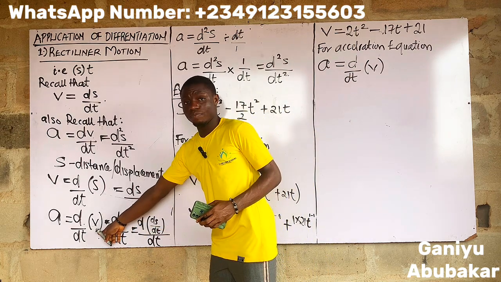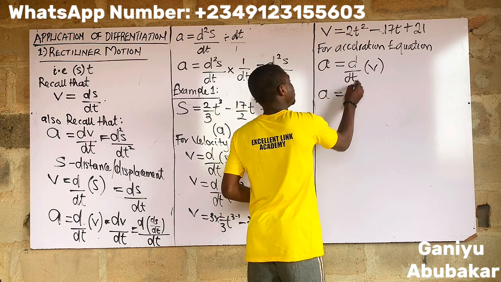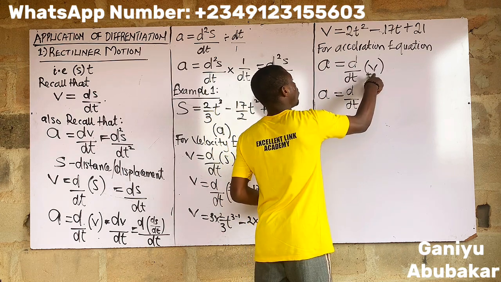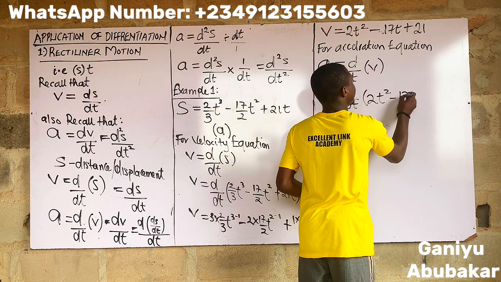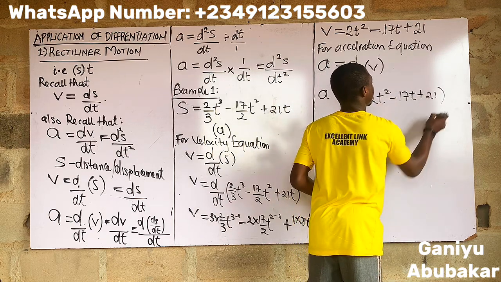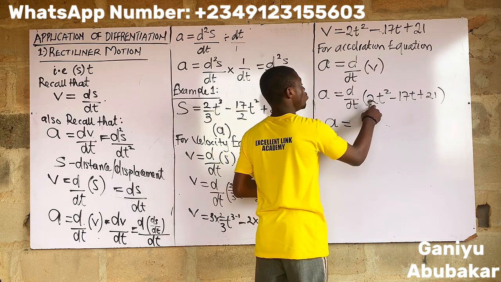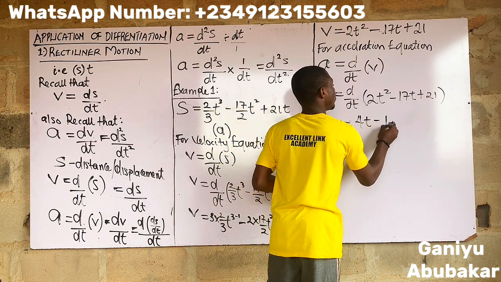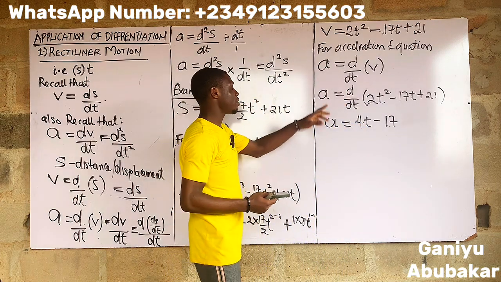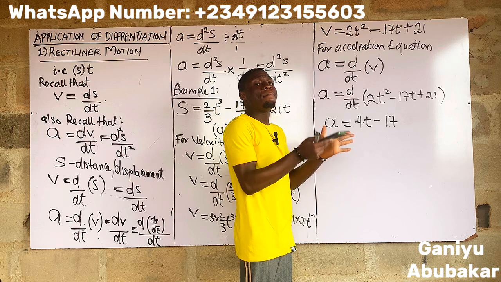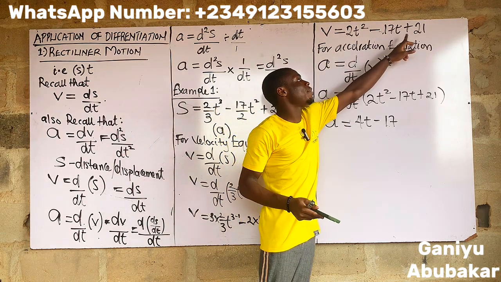So from here, I will have that a is equal to d over dt of v. What's v? Everything here, that's 2t squared minus 17t plus 21. Differentiate this one, I'll have that a is equal to 4t minus 17. So my acceleration equation becomes 4t minus 17. My velocity equation becomes 2t squared minus 17t plus 21.